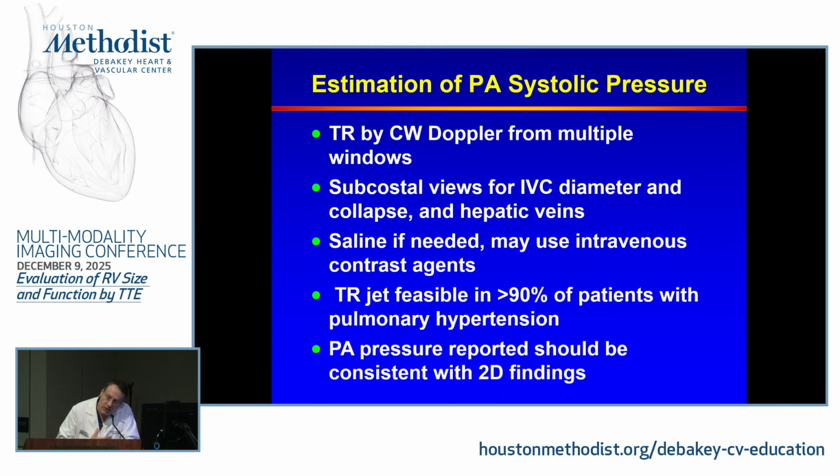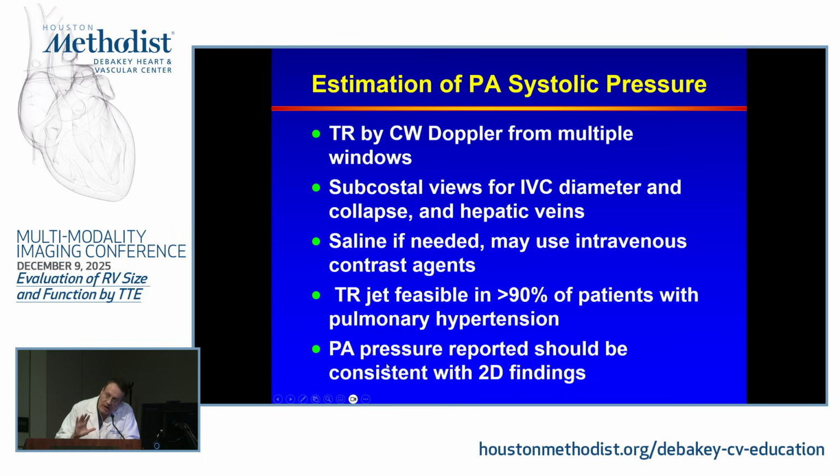Sometimes you can use blood saline. Sometimes you can use ultrasound enhancing agents for other reasons, like LV endocardial border definition, and then go back and see what the TR jet looks like. So we end up with a complete envelope. There is very high feasibility of getting TR in patients who have pulmonary hypertension.